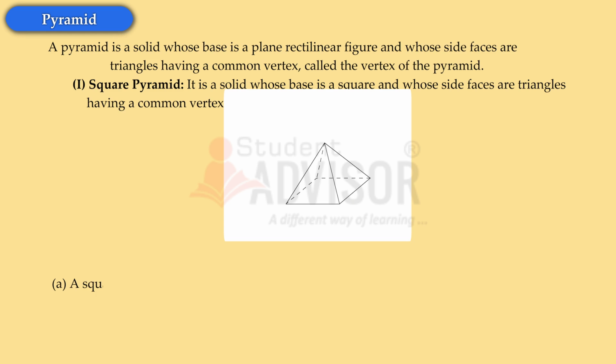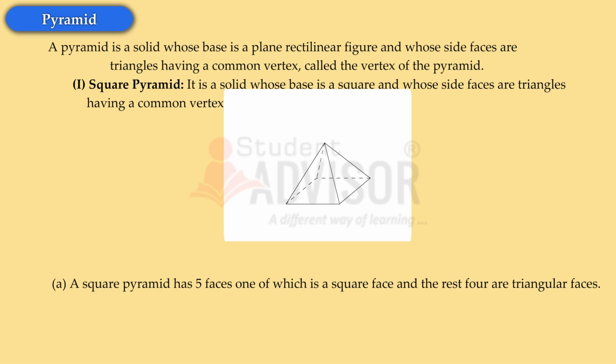A. A square pyramid has 5 faces, one of which is a square face and the rest 4 are triangular faces. B. A square pyramid has 5 vertices. C. A square pyramid has 8 edges.